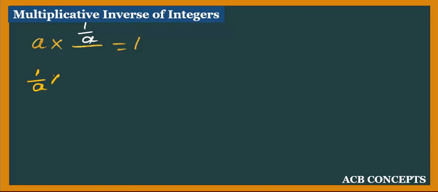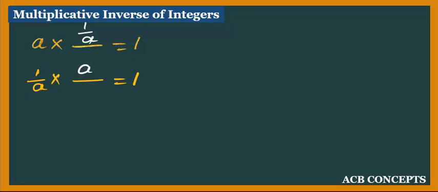So how much do I need to multiply 1 by a by to get the multiplicative identity 1? Here the answer is a.